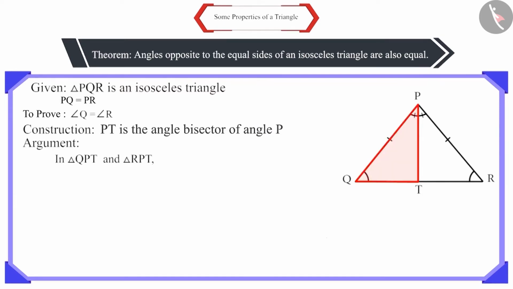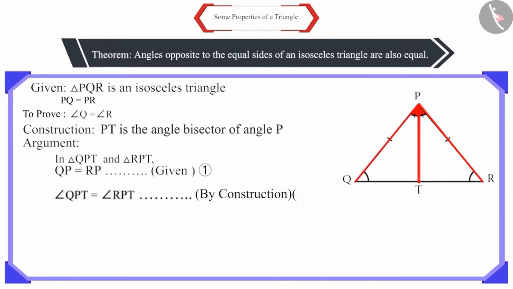Now, look at triangles QPT and RPT. It's given that side QP and side RP are equal. By construction, PT is the bisector of angle QPR. Therefore, angle QPT and angle RPT will be equal. And side PT is the common side for both the triangles.